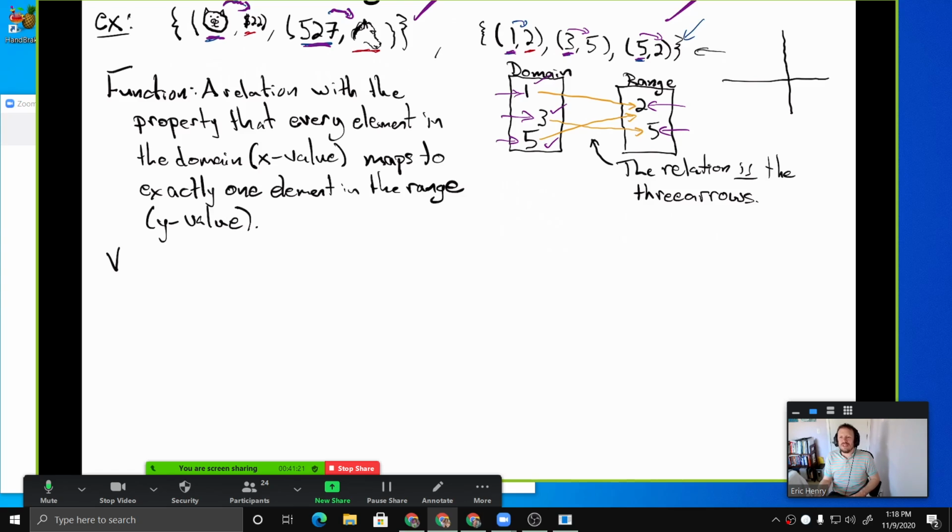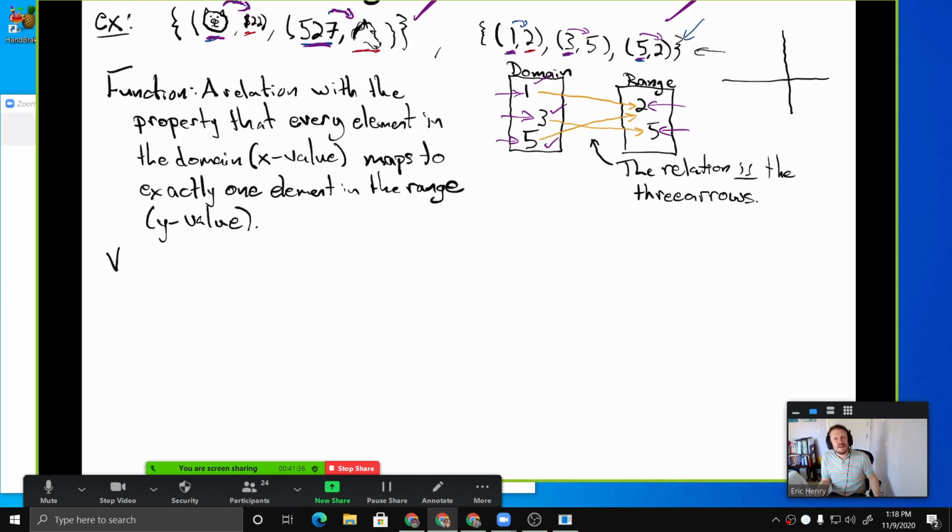So I heard you say it's a function if the graph is linear and the slope makes the equation true.